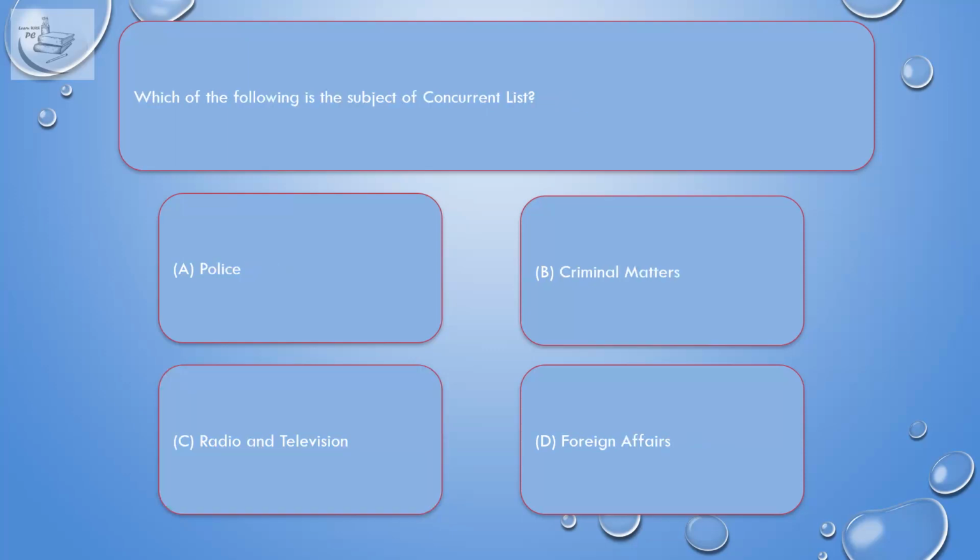Question: which of the following is the subject of concurrent list? A. Police. B. Criminal matters. C. Radio and television. D. Foreign affairs. Correct answer is B. Criminal matters.